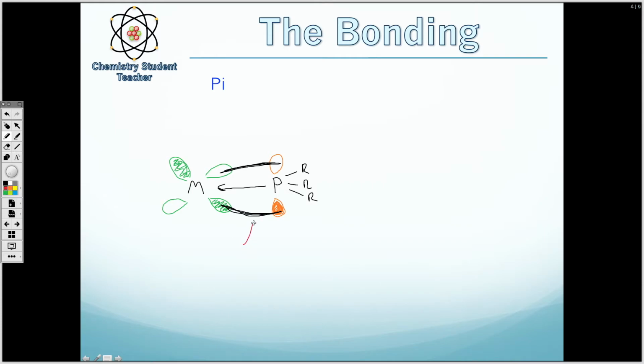So again, that is the pi back bonding. And now in blue, just to remind you, that's our sigma bonding.